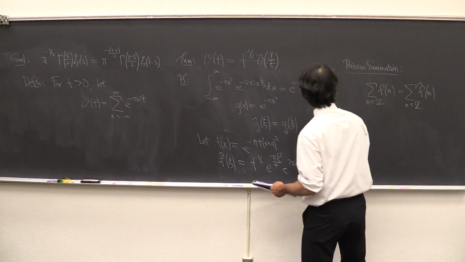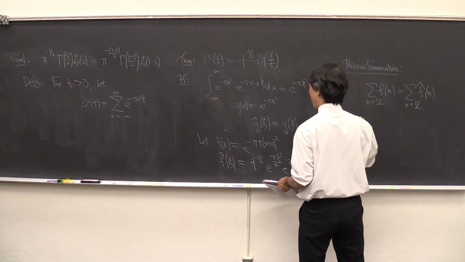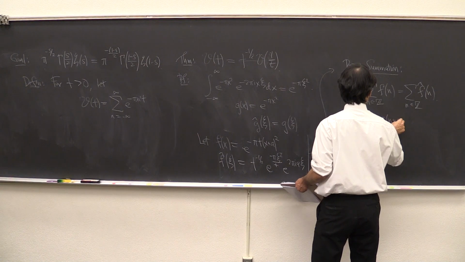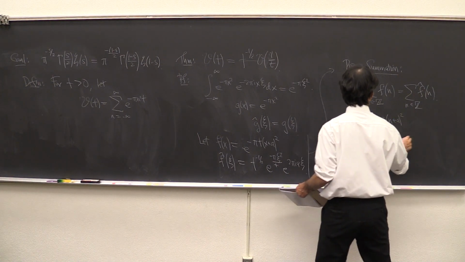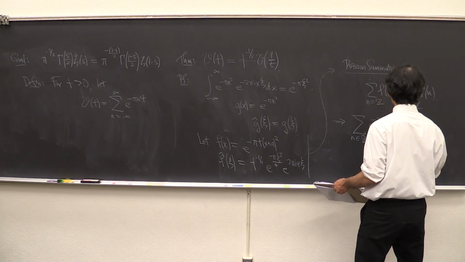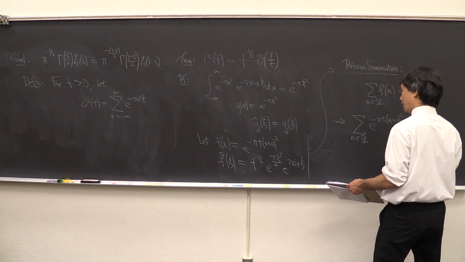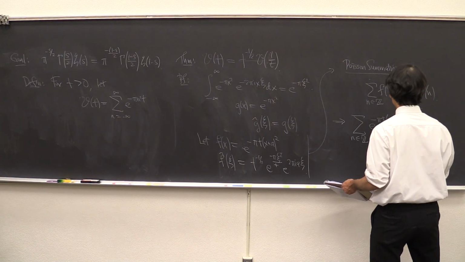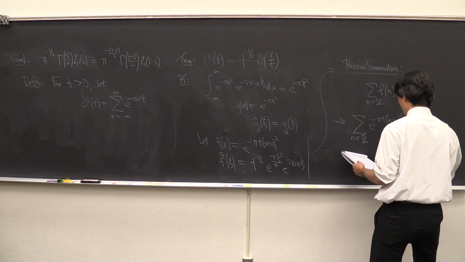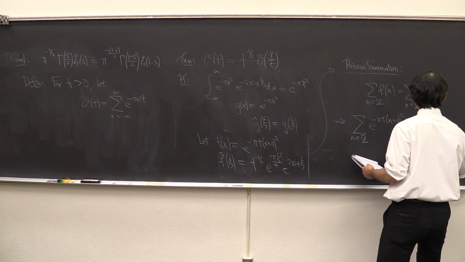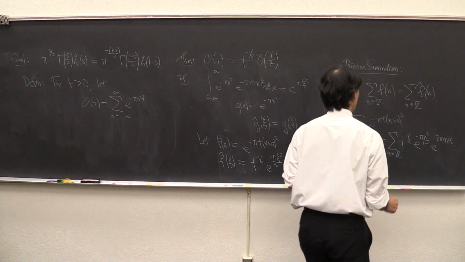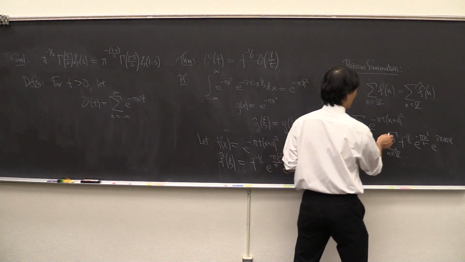So just plugging that in, you see that that will give us that the summation of e to the negative pi t (n plus a) squared over all integers equals t to the negative 1/2 times the summation of e to the negative pi n squared over t e to the 2 pi i n a, over all integers.